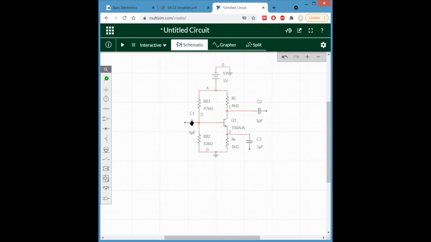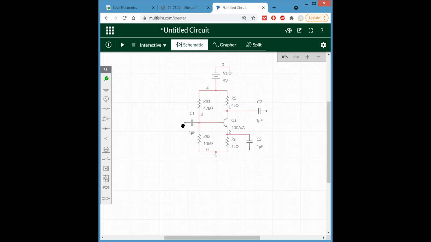Okay, next. What I was discussing is that, in order to isolate the biasing DC, it should not be affected by that AC source. We have connected these three capacitors. This is the bypass one, and this is the coupling one.